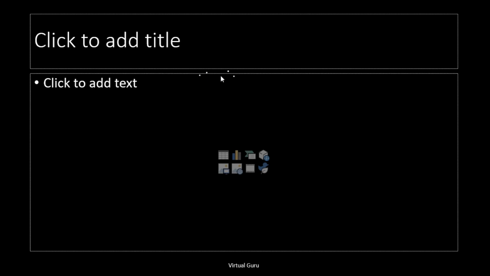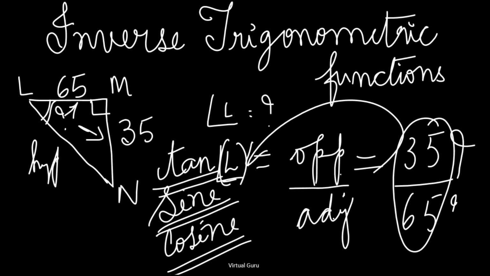If we have added two numbers, we get an answer. And if we want to come back to the original number, we should do subtraction. So addition and subtraction are inverse operations, isn't it?